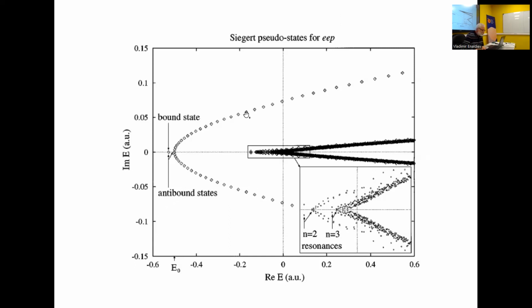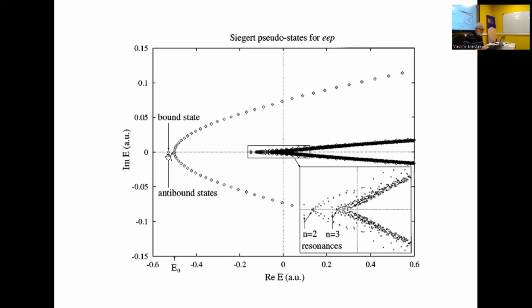And this shows a distribution of Siegert eigenvalues in the energy plane, and this enlarges this part of the plot. So here we have one bound state. This system is called hydrogen minus. So it's the negative ion of hydrogen.